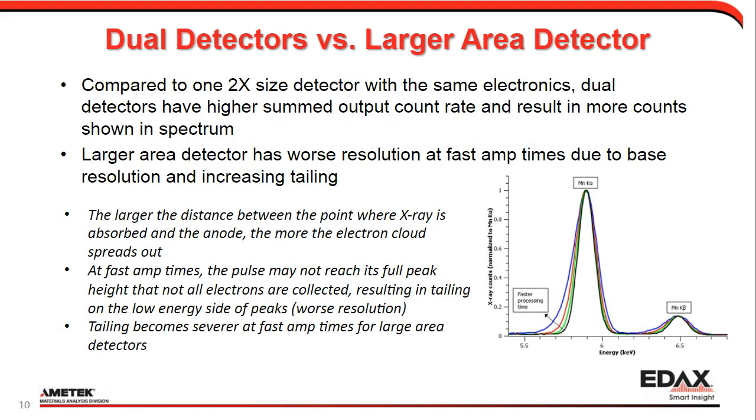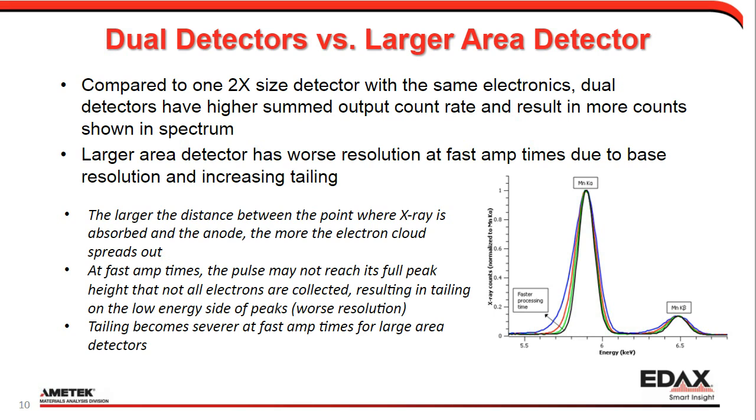The greater the distance between the point where X-ray is absorbed and the anode, the more the electron cloud spreads out. At fast M times, the pulse may not reach its full peak height. This means not all electrons are collected, resulting in tailing on the low energy side of peaks.